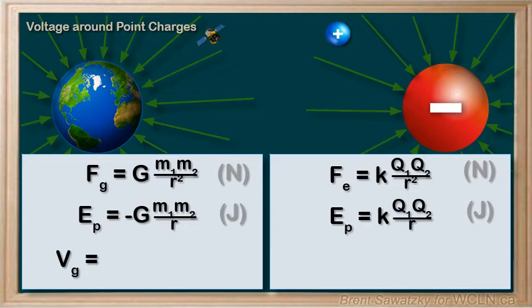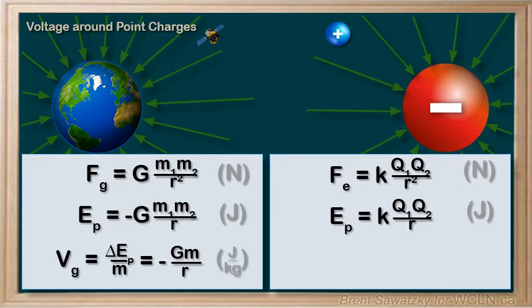If we take our potential energy equation and divide out the satellite's mass, we have Vg equals negative Gm over r. So if the unit for EP was in joules and we divide by our mass in kilograms, then our gravitational potential will be, again, in joules per kilogram.